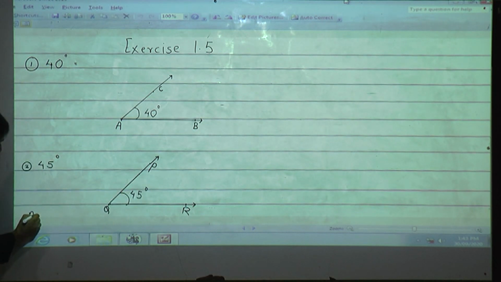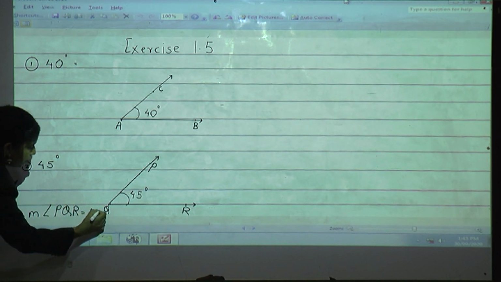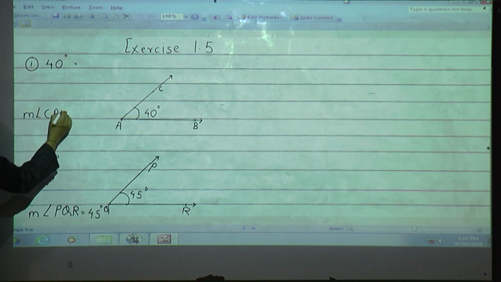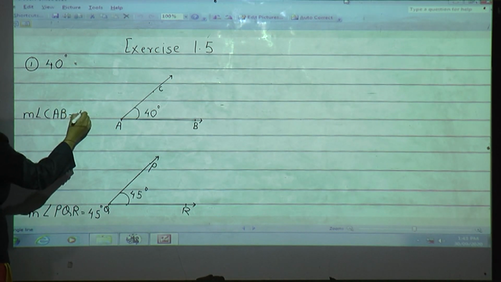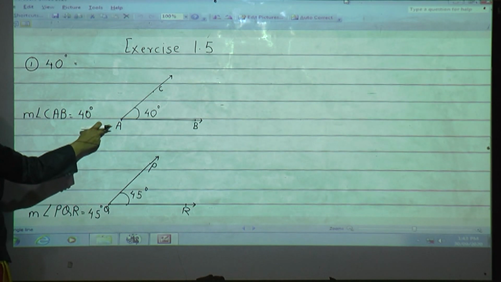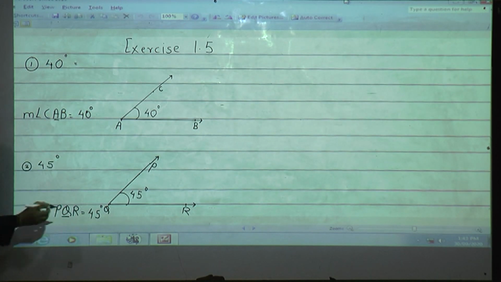You can write like this: measure of angle PQR equal to 45 degree. Here also measure of angle CAB is equal to 45 degree. The vertex is always in between. See, here A and here Q.